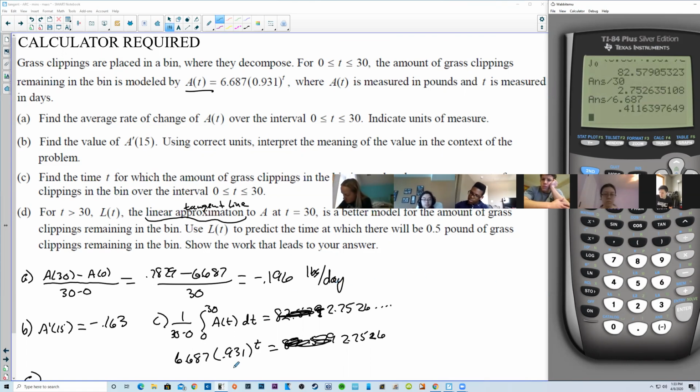So 0.931 to the t is equal to 0.411. Take the natural log of both sides. Natural log of 0.931 to the t equals natural log of 0.411. Then do a little division: natural log of the answer divided by natural log of 0.931.